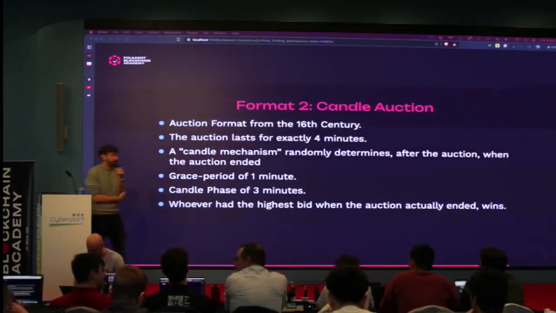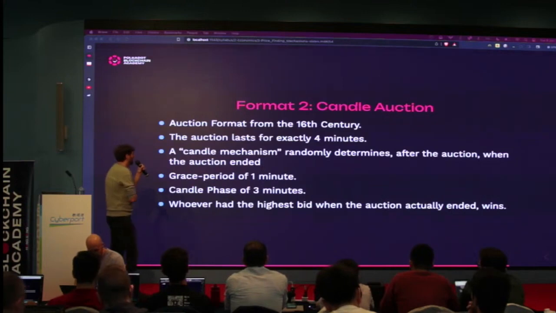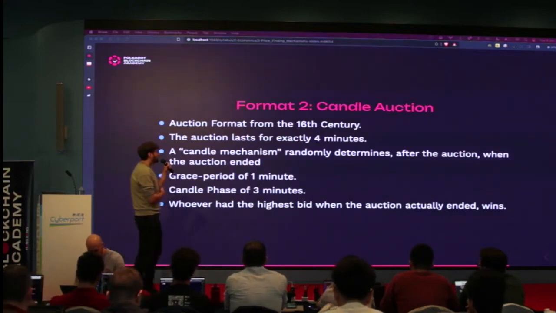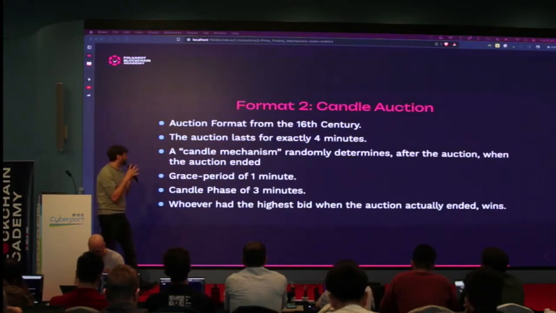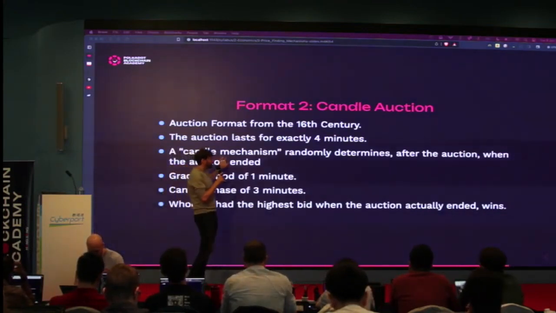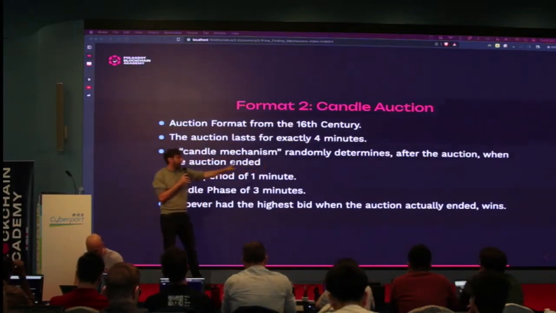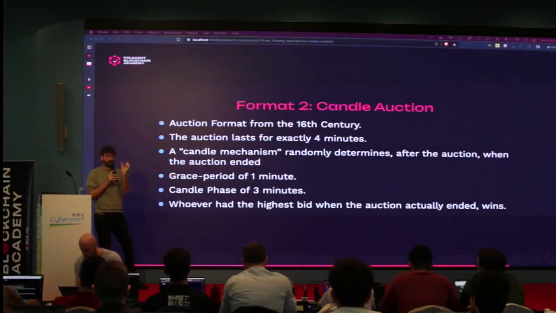Then we have the candle auction. As I said, it's from the 16th century. This auction lasts exactly 4 minutes, but then there's a candle mechanism that randomly determines the ending after the auction ended. The mechanism can never be in the first phase, so in the first minute, the candle auction can never end.